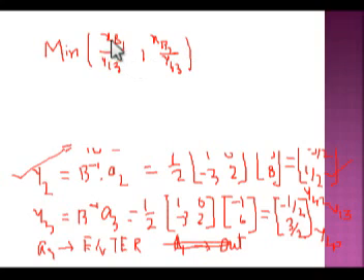This was 5 and this was 9. So the minimum of it will be 5 by this will be half. This will be 3 by 2.